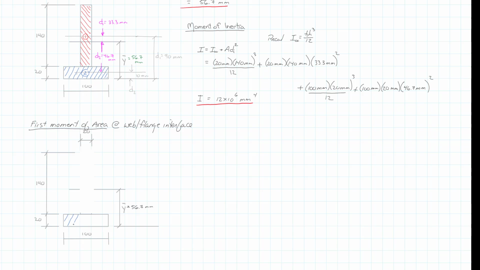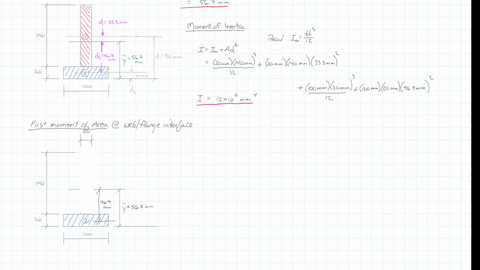So we're only looking at the area in here. We still need its distance from the neutral axis to its centroid, which would be this distance in here. And we've already said that that's equal to 46.7 millimeters.